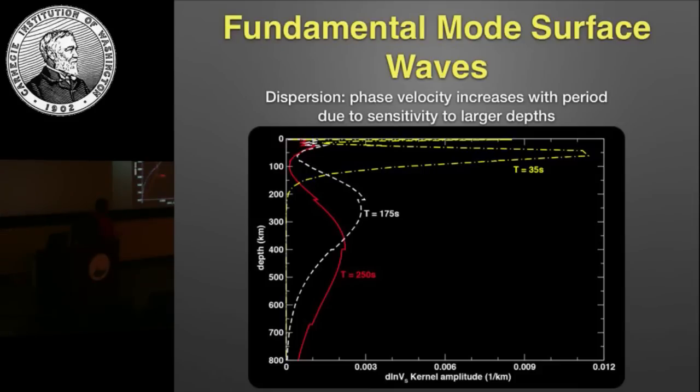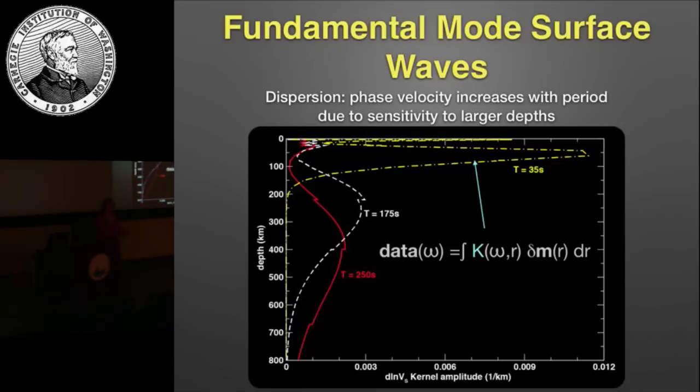They have the nice property that they are dispersive, which means that at different periods they are sensitive to different depths in the Earth, and so they travel at different speeds. For instance, the Rayleigh wave at 35 seconds of period is mostly sensitive to the top 150 kilometers of the mantle, while if you increase the period to 175 or 250 seconds, you see the sensitivity gets to greater depth.